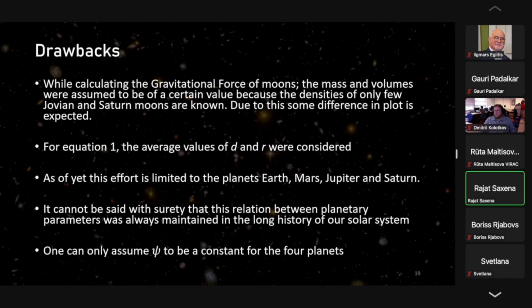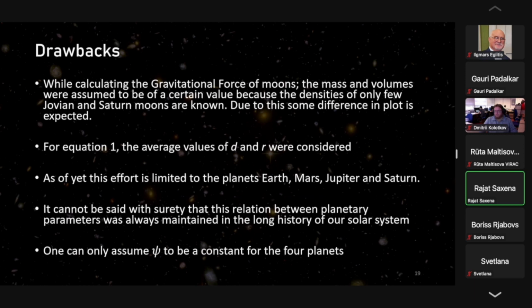And the next point being, we are not very sure that this equation was true during the early parts of the history of the solar system. It is very much possible that during the early chaotic stage of the solar system, this equation was not true. But that is something that has to be dealt with in the future.